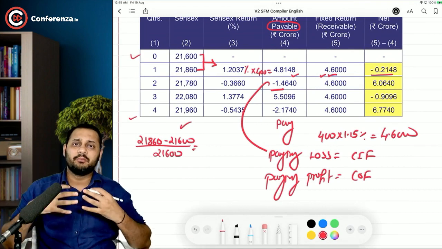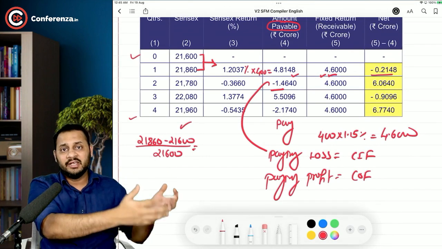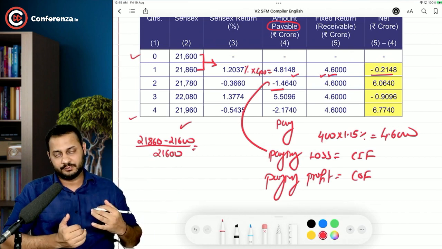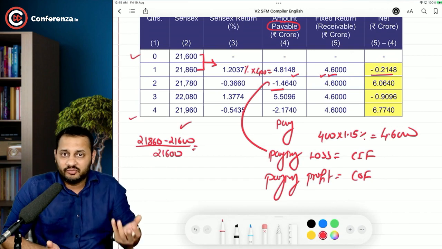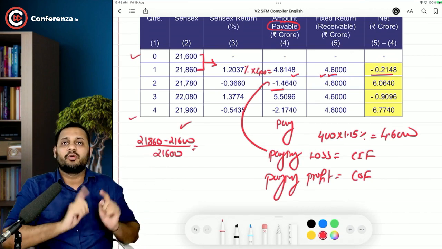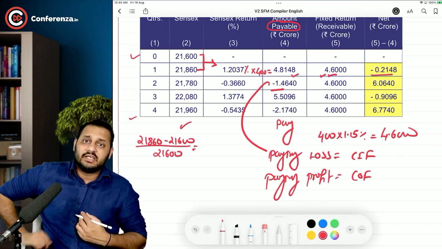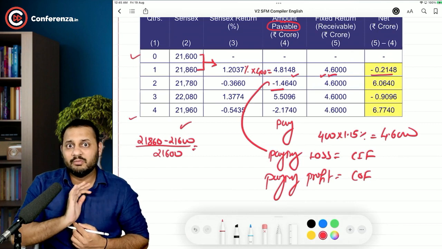I just swapped my return on the portfolio with the other party in exchange of the fixed return. I swapped the variable return because every quarter the return will be different, and I told him, you take the return on my portfolio, you give me 1.15% fix. That means if the returns are more, it's your benefit because you are going to pay me fixed amount.